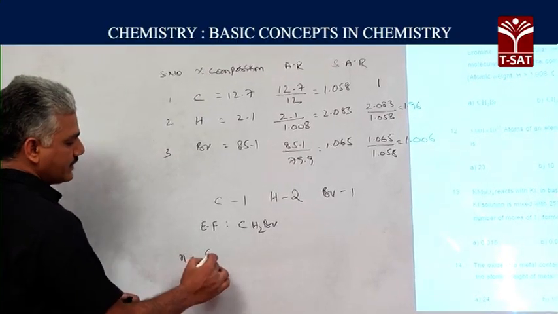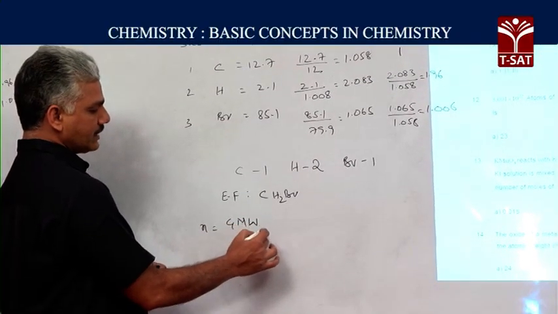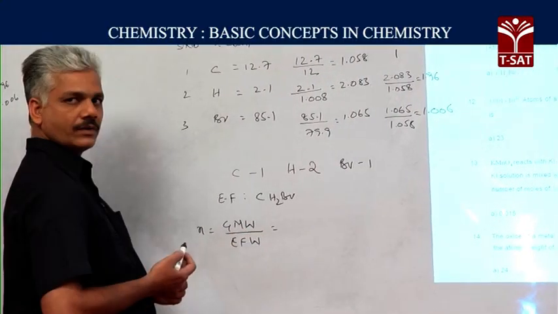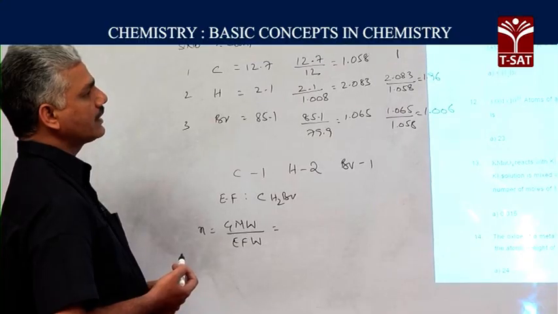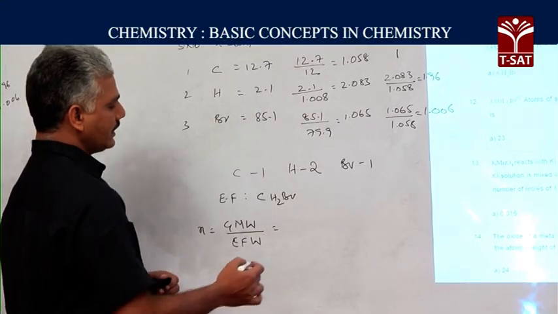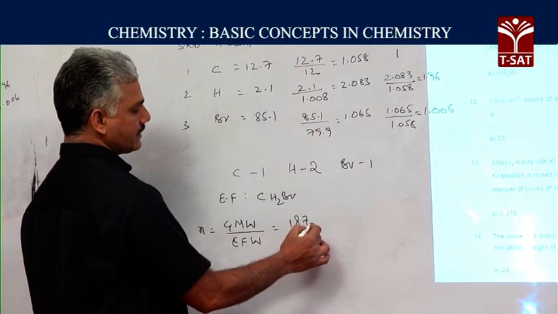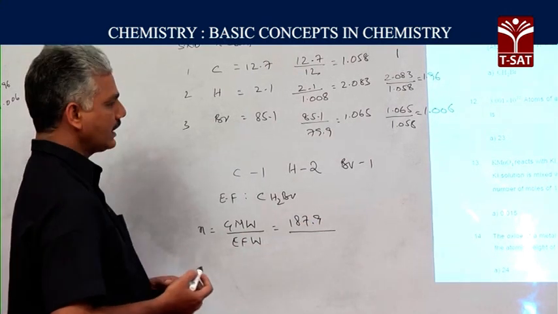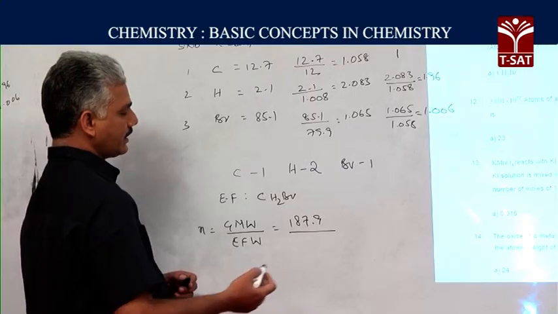factor, which is calculated by using the relation gram molecular weight by empirical formula weight. Gram molecular weight of the compound is given as 187.9. Empirical formula weight we have to calculate from the available data.